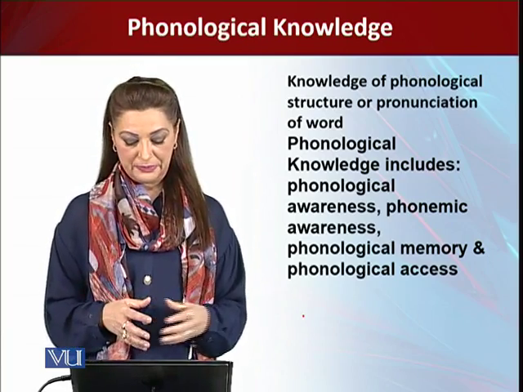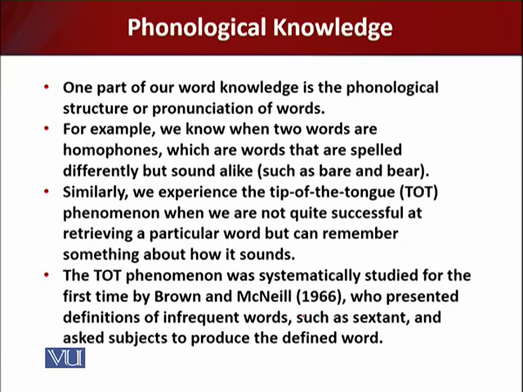In order to understand phonological knowledge and its processes, we have to look at a number of examples. One part of our word knowledge is the phonological structure or pronunciation of words.